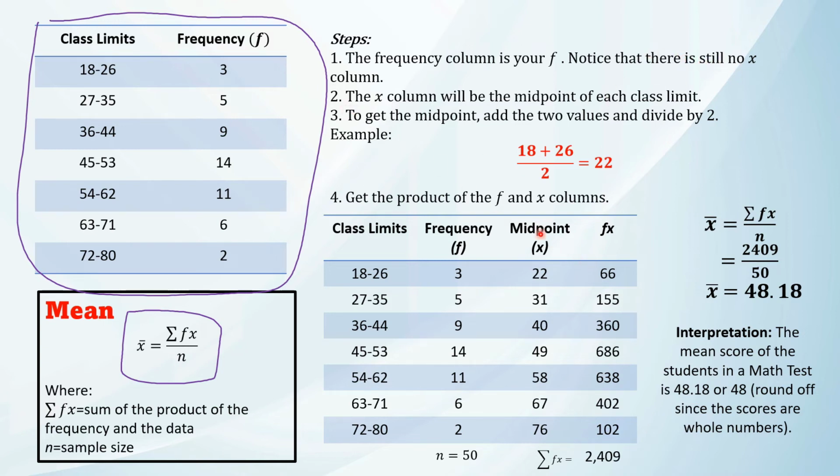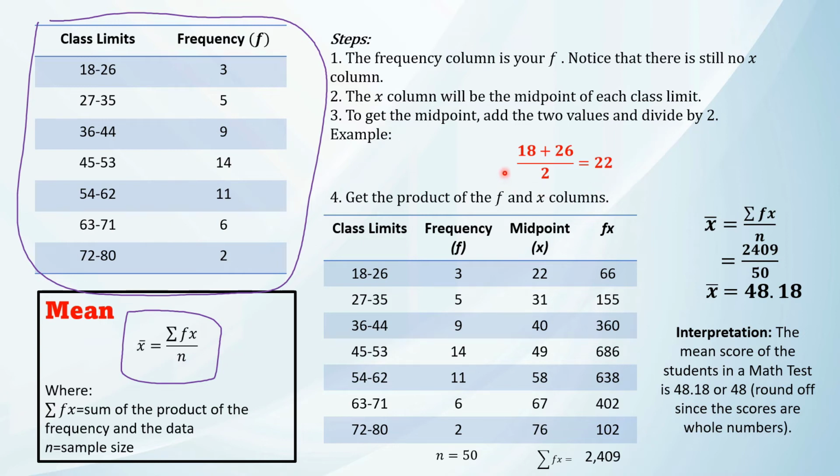Since there is no X column, you are going to find the midpoint of each class interval. To find the midpoint, you add the lower limit and the upper limit, and divide it by 2.